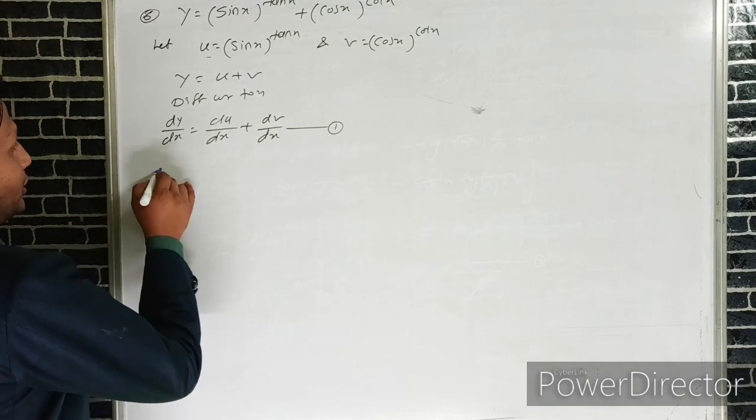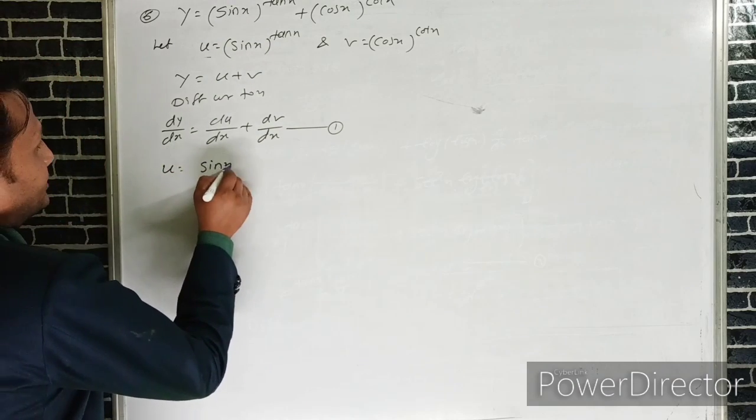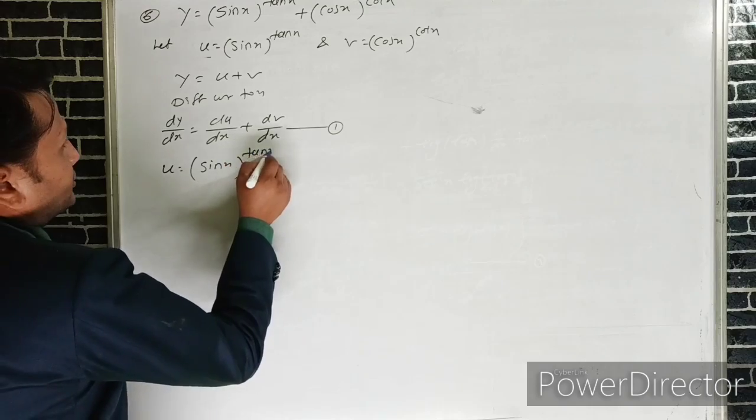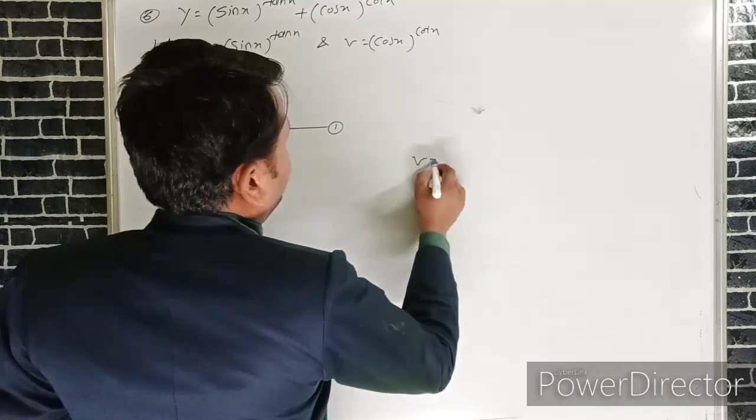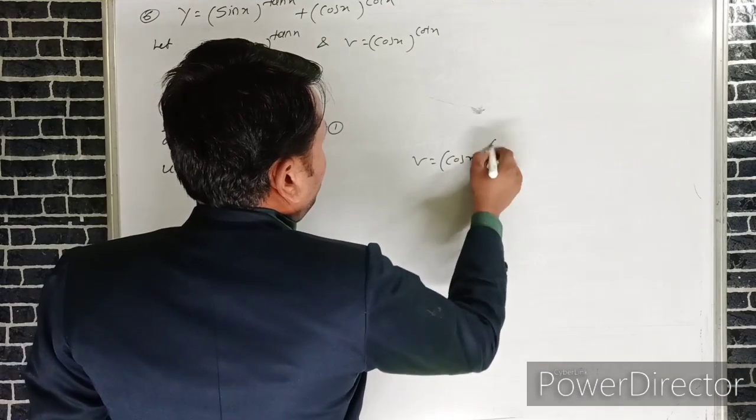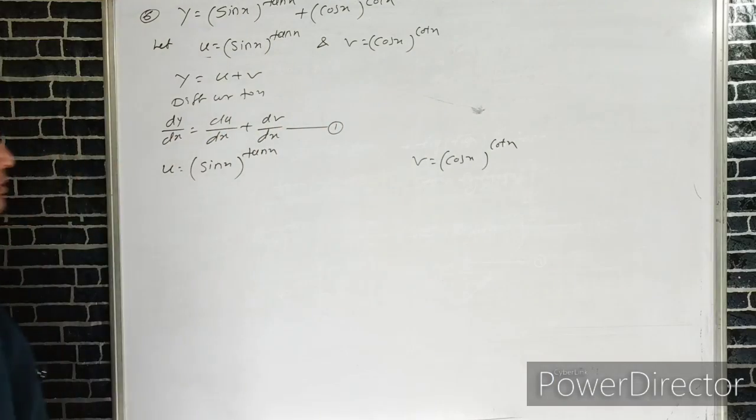Therefore, u is equal to (sin x) raised to the power tan x, and v is equal to (cos x) raised to the power cot x.